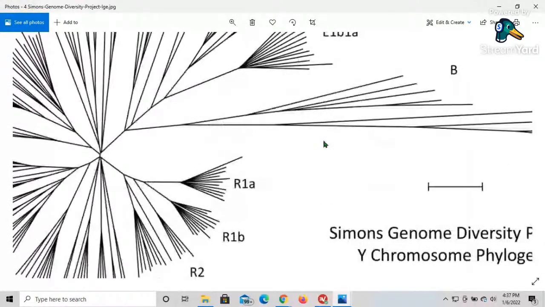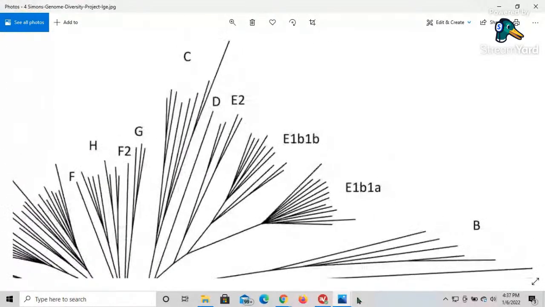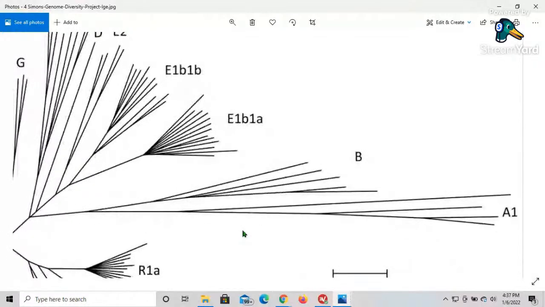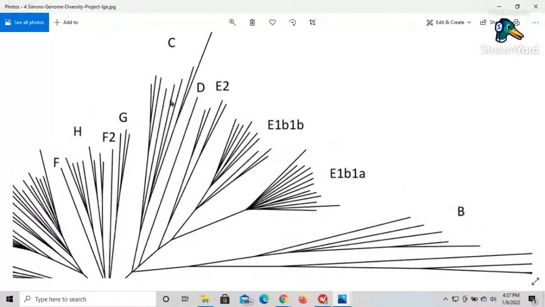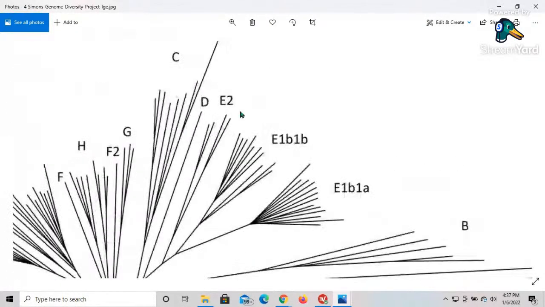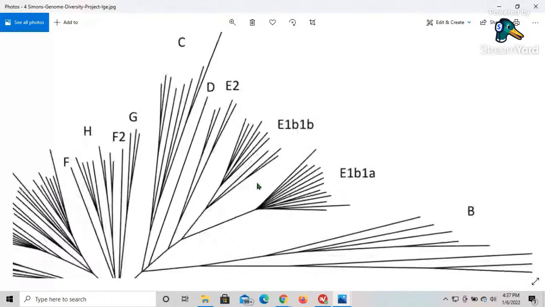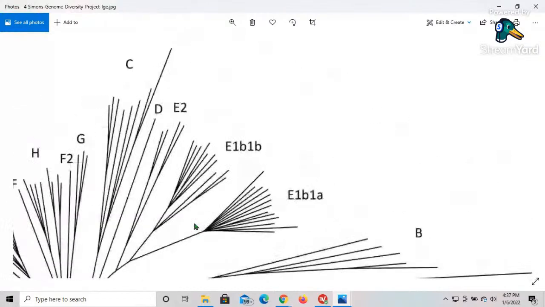So the Y chromosome, if you notice here, there's something missing in this Hamitic family tree. We see, of course, A, B, C, D, and E. But notice this is E1, and E2, and C and D. Now, I don't know if one of these, I think they had to relabel as E3.